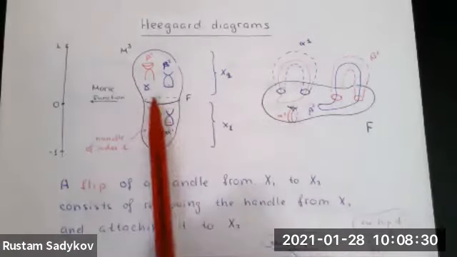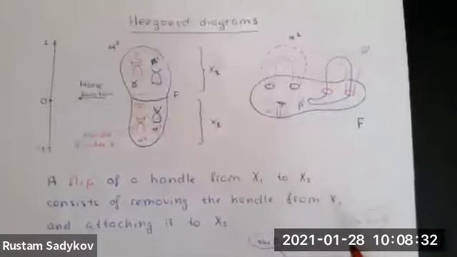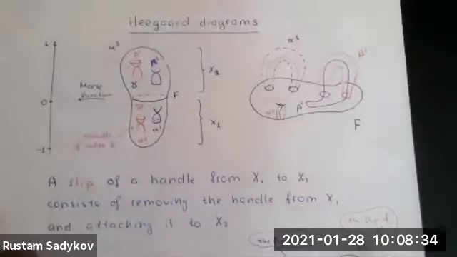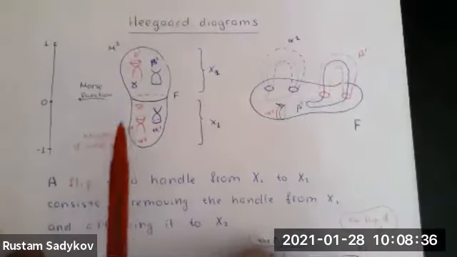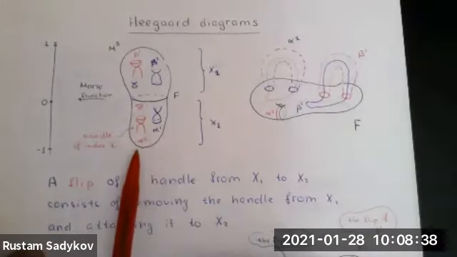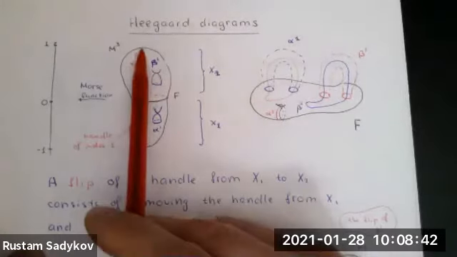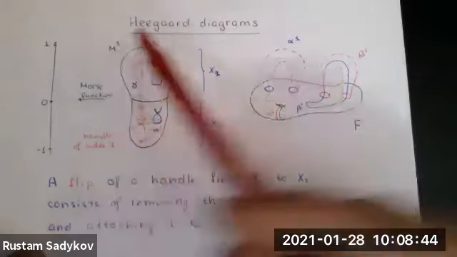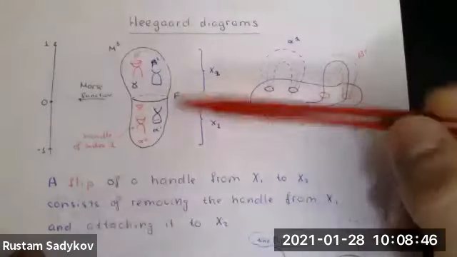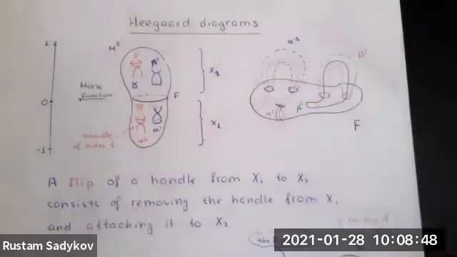And we can assume that this level is regular. So this is how we can get such a Morse function. We may also assume that we have only one critical point of index 0 and only one critical point of index 3. So all other critical points are of index 1 and 2.